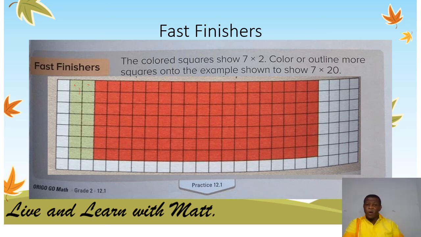So 7 groups of 20. 7 rows of 20. You can pause the video now to color the squares.